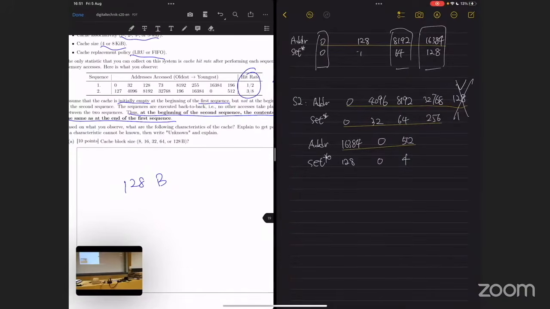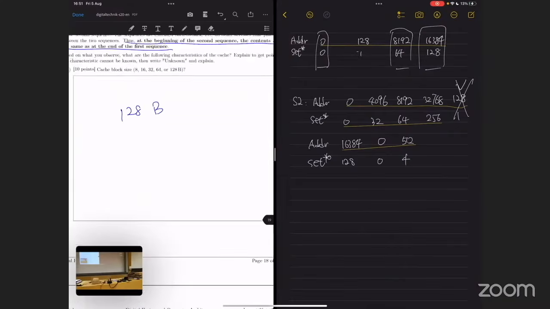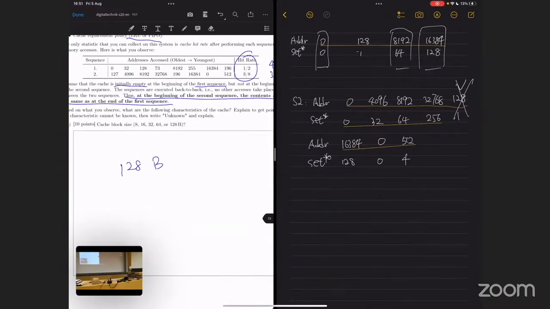And then finally for associativity of 8, this means that for a set we can have 8 different cache blocks in that set at the same time. If that is the case, then starting from the first access, we would hit here, we would miss here, we would hit here, we would miss here, and we will hit here.